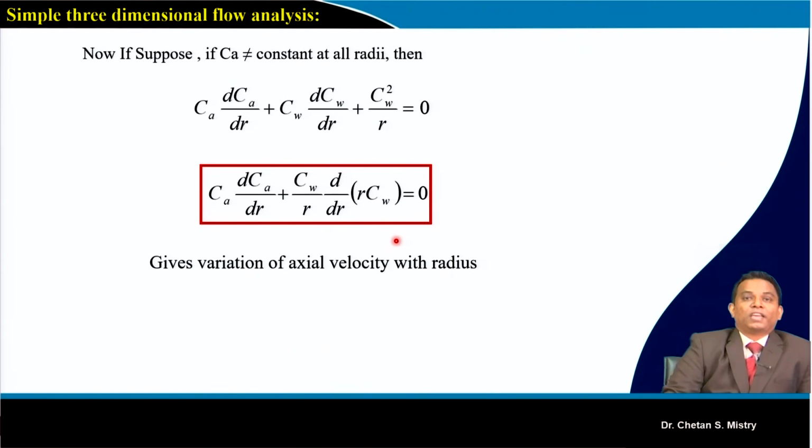Now, as we have discussed, because of the three-dimensionality of the flow, the axial velocity does not remain constant. Suppose I consider my axial velocity is not constant, then my equation comes out as Ca dCa by dr plus Cw by r d by dr of rCw equal to 0.